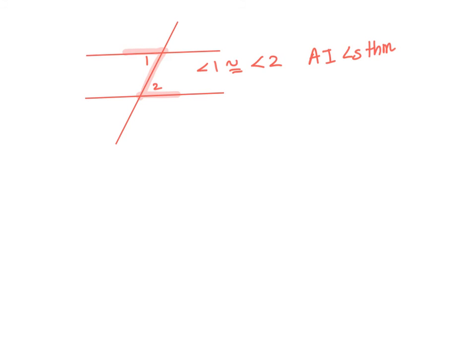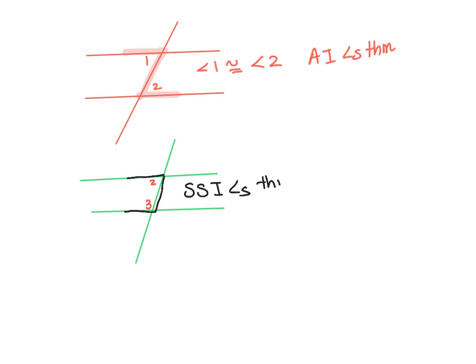Now if I have two parallel lines cut by a transversal, if I look at those two angles, these angles form a C, so they are same side interior angles. So the theorem tells me that the measurement of angle 2 plus the measurement of angle 3 is 180. So these are supplementary angles.